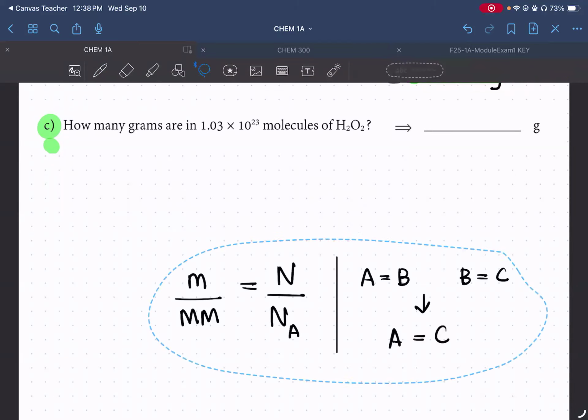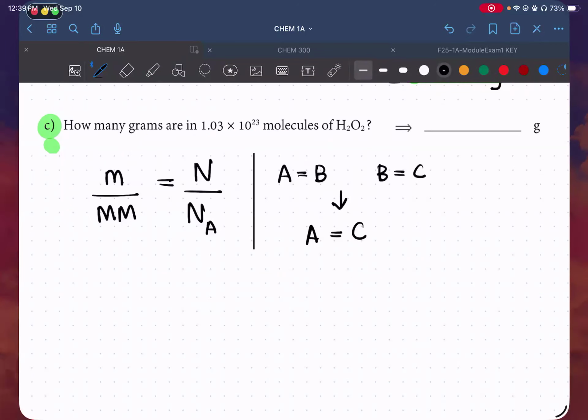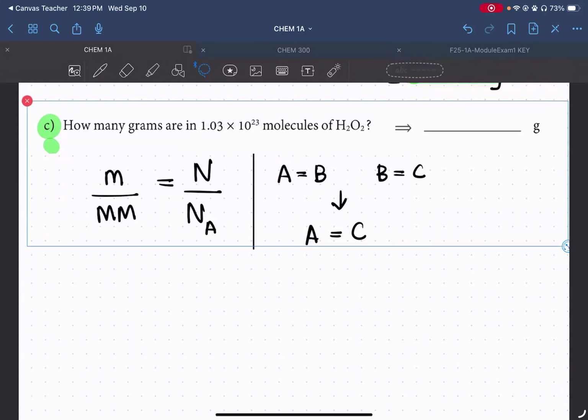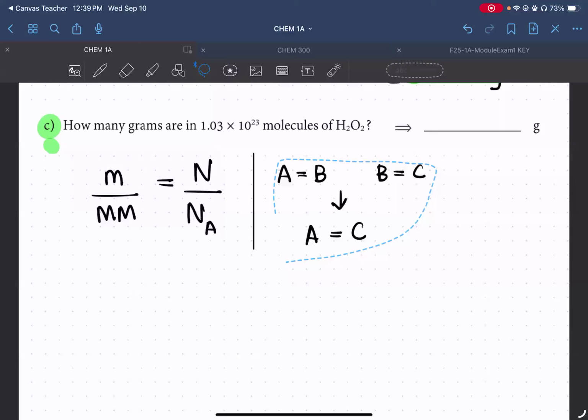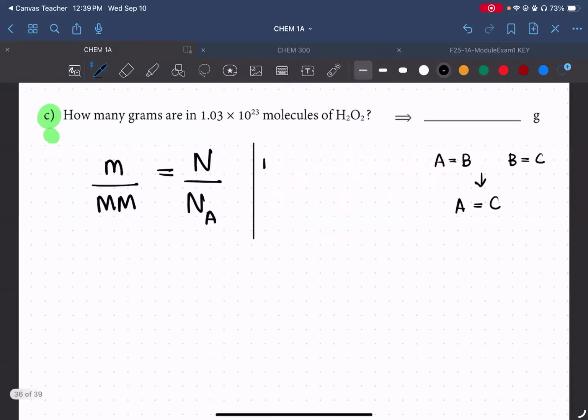Now that we have the formula in hand, we can take a second to identify what we need to know and what we don't know. Just make this a little bit smaller so it's out of our way. Ultimately, we're trying to find the mass. That's what the question's asking for.